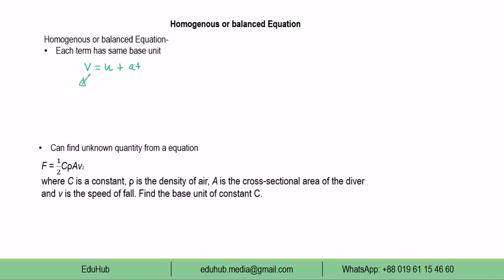The unit of V is meter per second and the unit of U is also meter per second, and the unit of AT is meter second to the power minus 2 into second, which is meter per second. Now we can see that every term of this equation has the same base unit, so we can tell the equation is homogeneous.